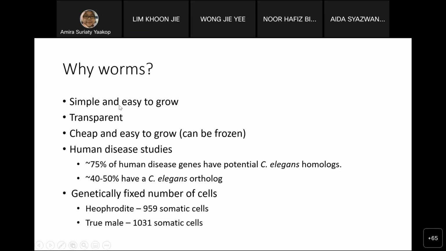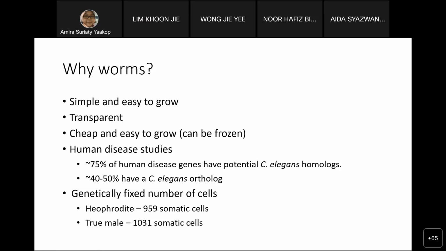Why? Because it's simple and easy to grow. It's very transparent, so you can see what's happening inside the cell, inside the gut, because the morphology of Caenorhabditis is transparent. And of course it's cheap and easy to grow, and you can freeze it to regrow it later.